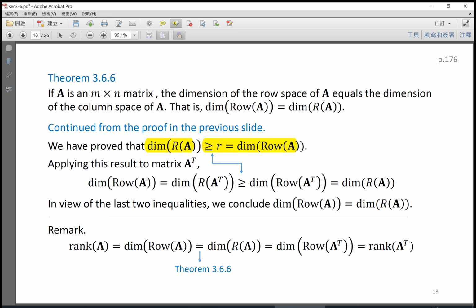If we replace A with A transpose, then this inequality becomes: the dimension of the column space of A transpose is greater than or equal to the dimension of the row space of A transpose.